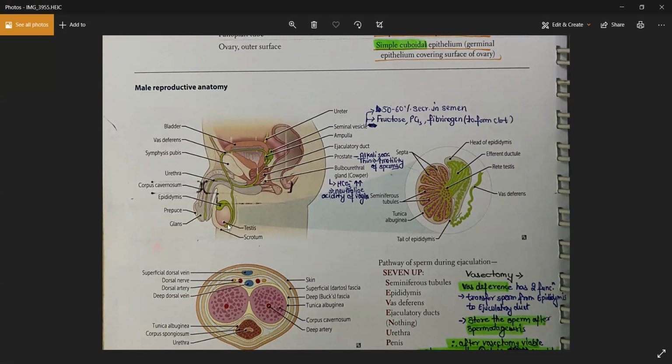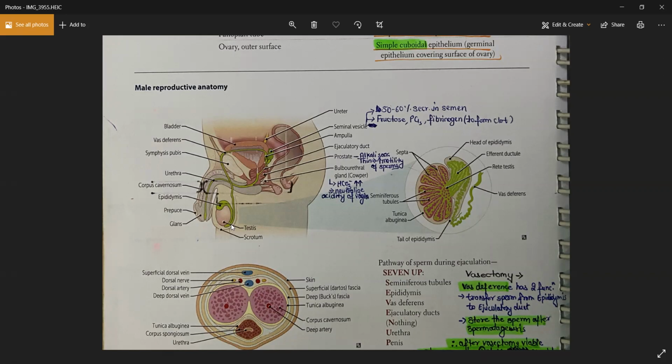For the attachment of the testes with the scrotum, you have some ligaments, and those ligaments are known as the gubernaculum. Don't forget that, right? The gubernaculum anchors the testis with the scrotum. If this gubernaculum is not there, you can have a testicular torsion.